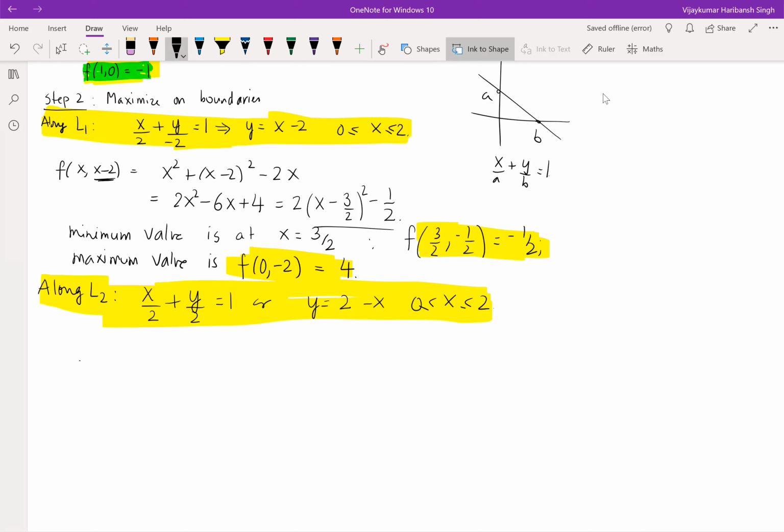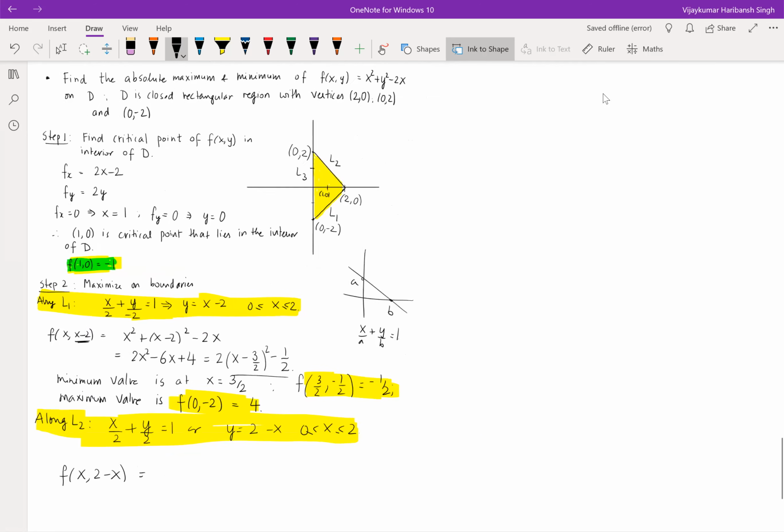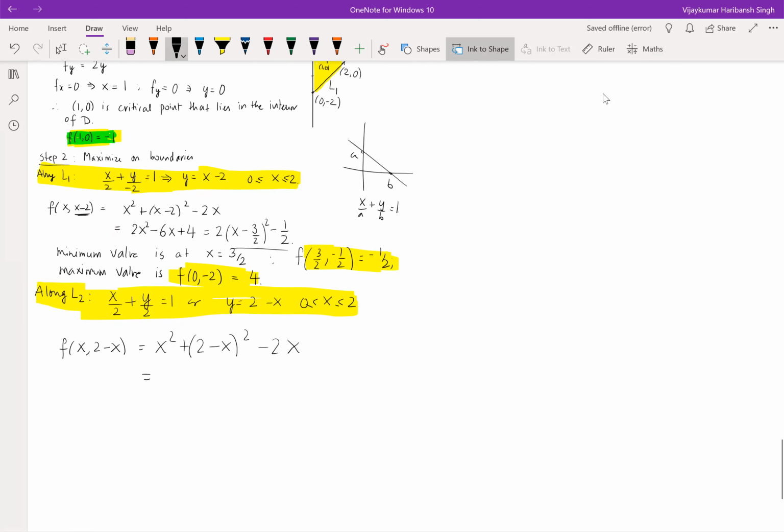We have f of x comma 2 minus x. Upon simplification, we have x squared plus 2 minus x the whole squared minus 2x, which is the same as 2x squared minus 6x plus 4.